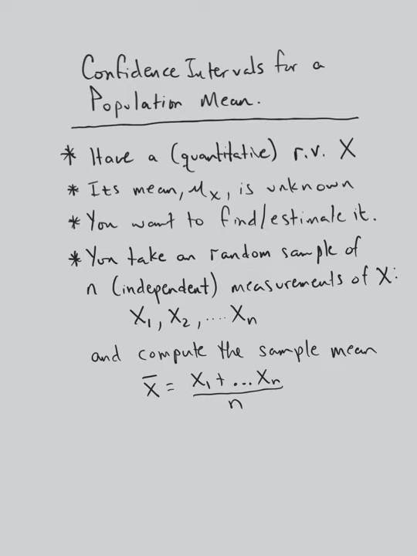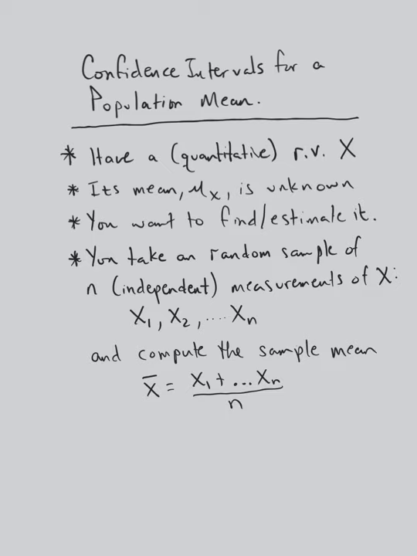But the idea is that you do want to find or at least estimate it and get an idea. So there's a natural idea to do here. You take a random sample of n independent measurements, and so you get this sample here, and then you compute the sample average or the sample mean.